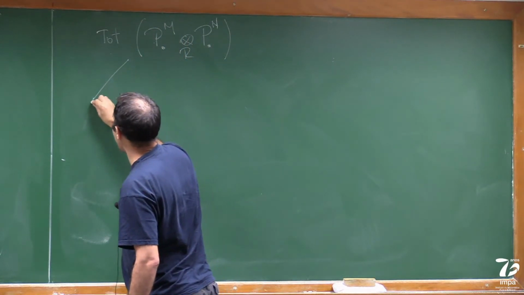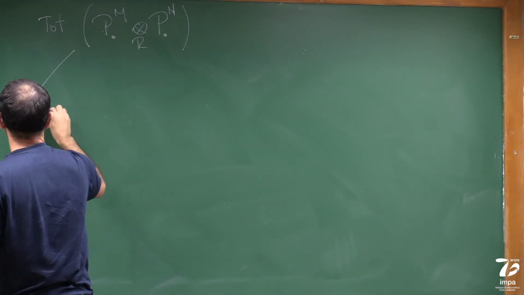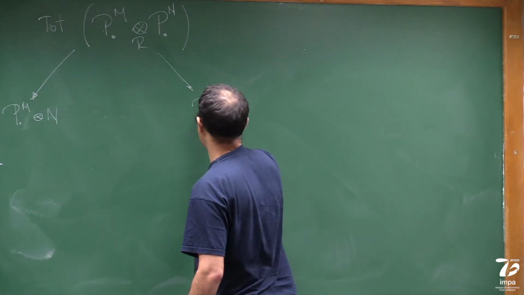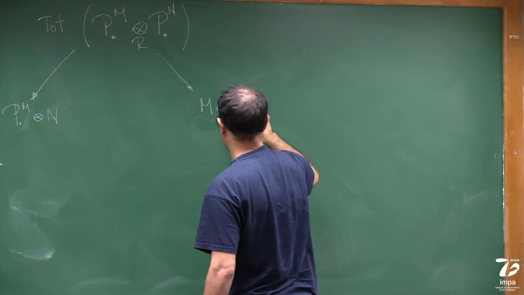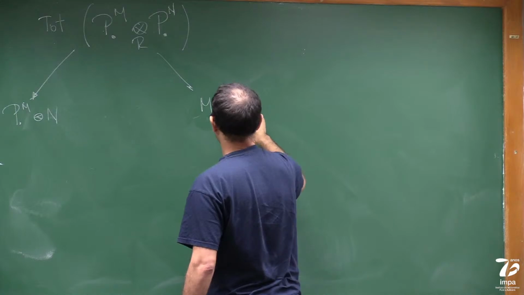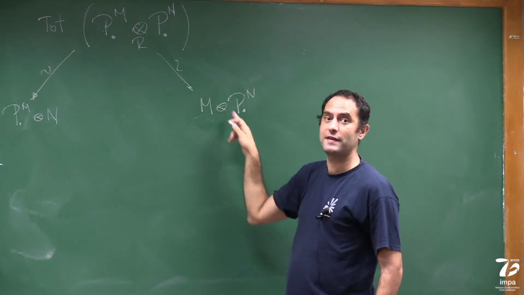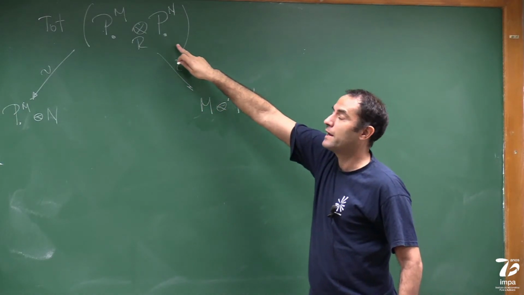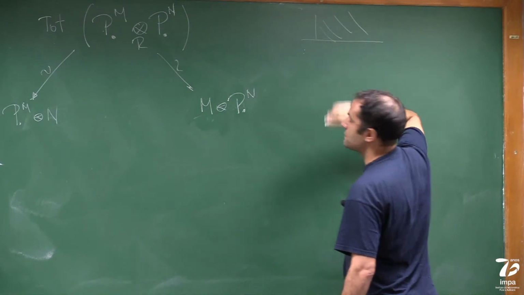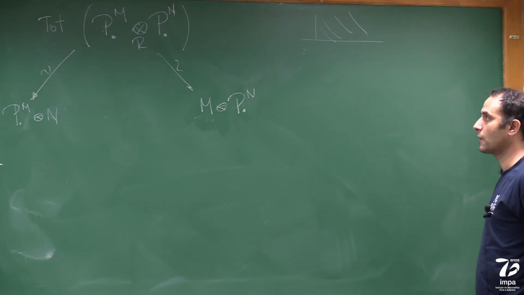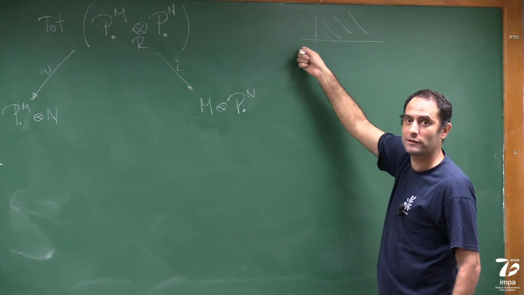And this guy came with maps to P dot M tensor N, and came with a map to M tensor P dot N, and these guys were quasi-isomorphisms. And the trick was to prove that these two maps were quasi-isomorphisms by noticing that this complex was concentrated in this part. So it had exact columns and exact rows, and it was concentrated in one quadrant.